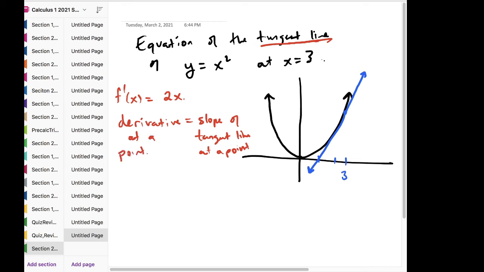So you want to find the equation of the tangent line at x equals 3. So you use what the derivative is. It's a function of slopes. So if you plug in 3, you'll get m. And what is it? It's 3 times 2, which is 6.